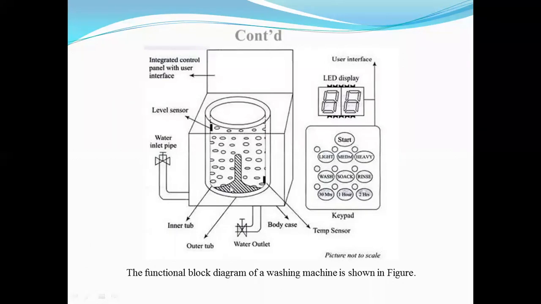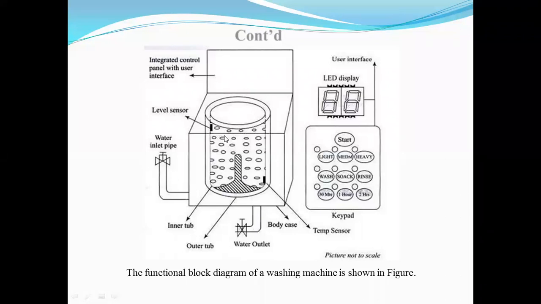This is the main embedded part in the washing machine. Other than that, you have a water inlet pipe, because you need water to wash the clothes, and a water outlet. After washing the clothes, it has to drain all the dirty water. At that time there is a water outlet.